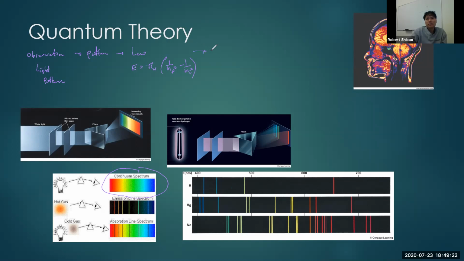And then we come up with some kind of hypothesis. The hypothesis is that energy is quantized. What that means is it's not continuous. And so here the energy is continuous. We have all the colors of the rainbow.